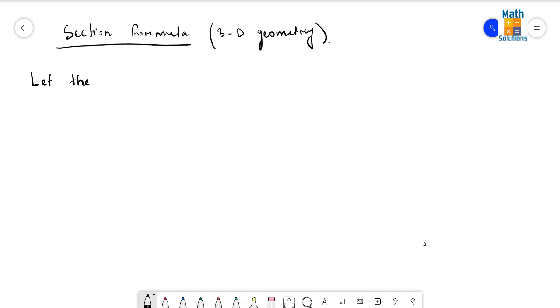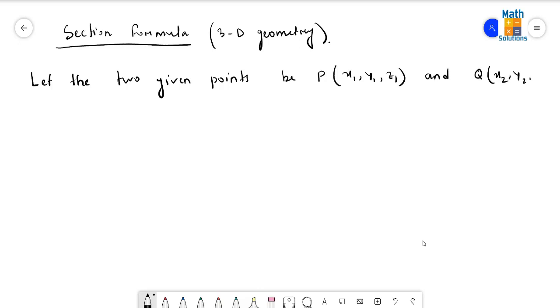Let the two given points of the 3D plane be capital P (x1, y1, z1) and capital Q (x2, y2, z2).